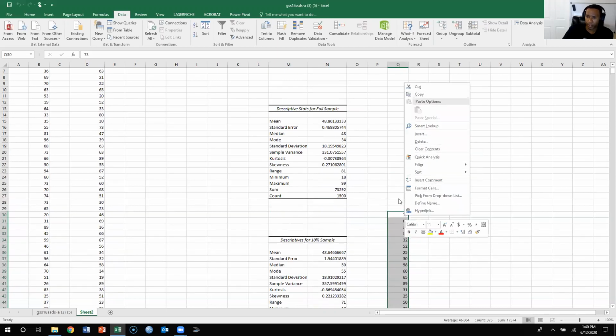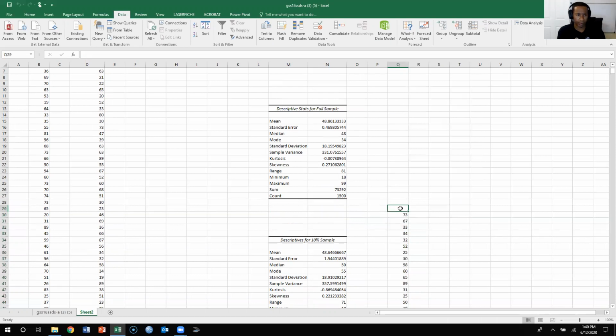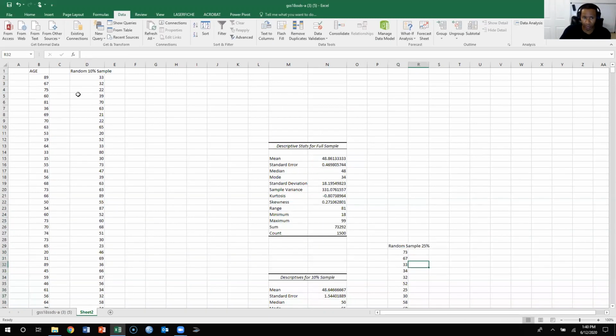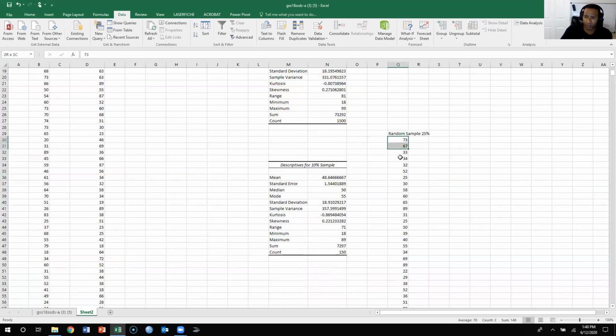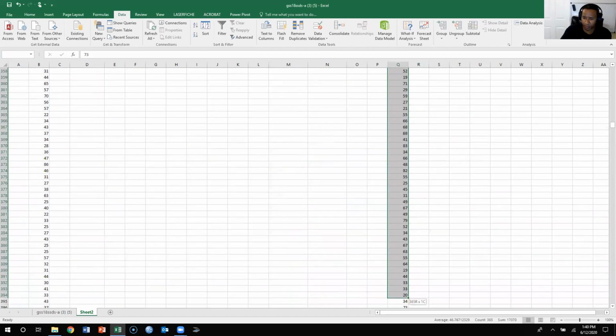I have the sample of 375, so that'll be my random sample, 25%. That's my random sample of 10%. Then what I can also do is create descriptive statistics for this as well.